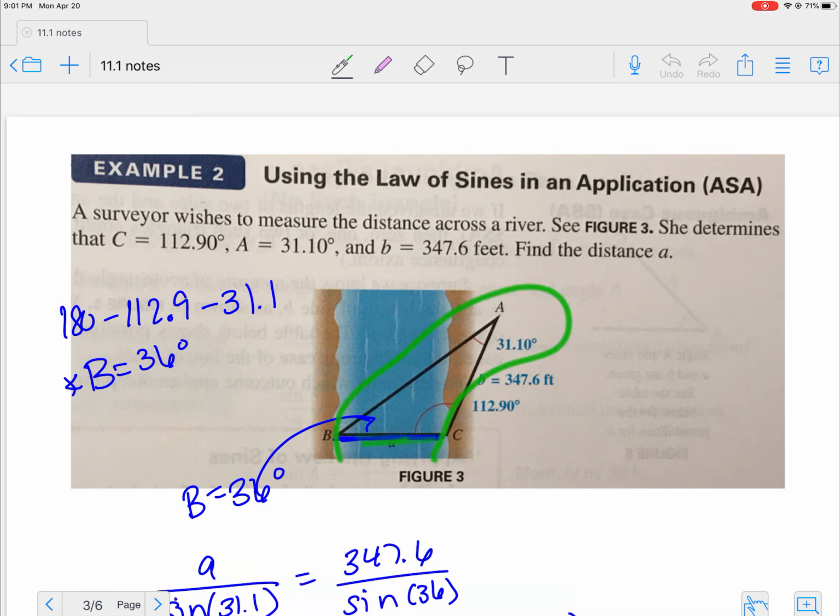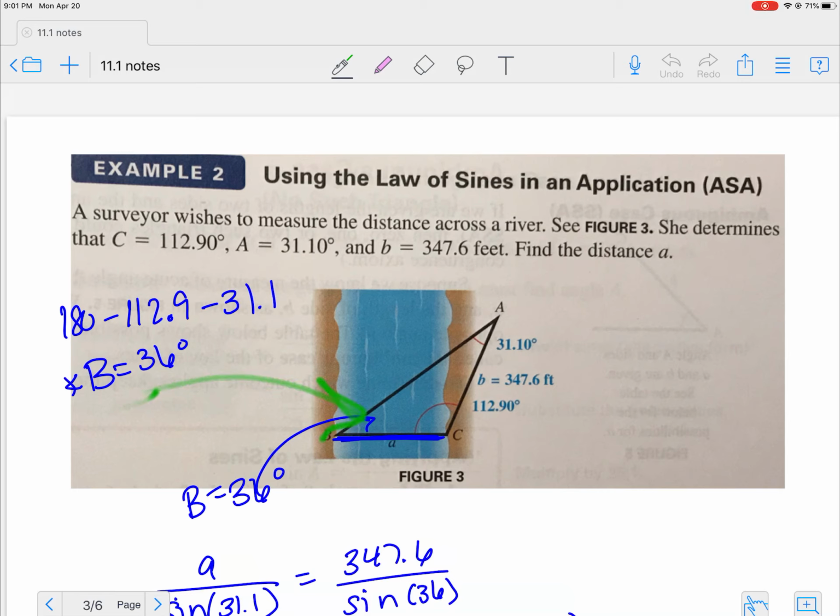So I know I'm going to have to use this ratio. Well, in order to use this ratio, I have to have a setup. Can I easily find B? Heck yes, you can. As soon as you know 2 angle measures, it's pretty much your best day ever, because you can easily find that third angle.